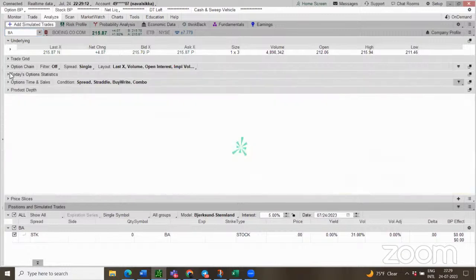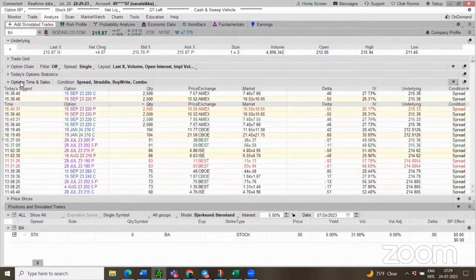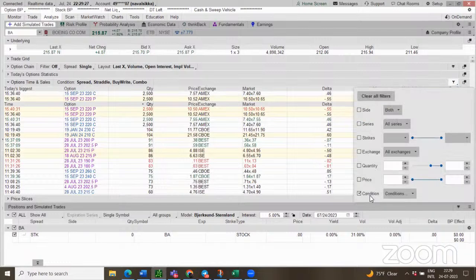What you can do is go to analyze, put BA under this area, go to option time and sales, and choose a filter where you're looking at both calls and puts, all the series, all the exchanges, quantity, price, if you want to put anything, and condition, like if you're looking for spread, straddle, buy, write, combo, any of them.